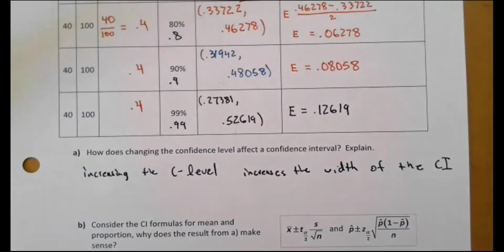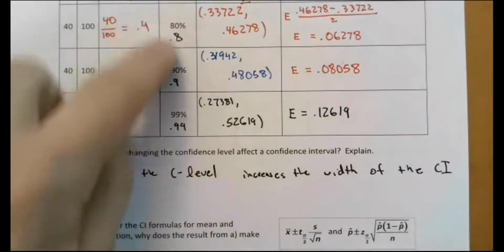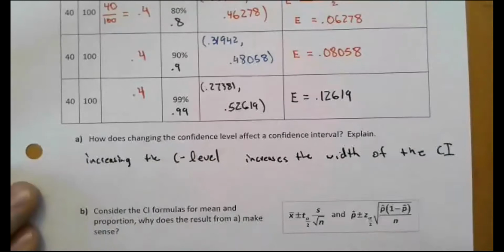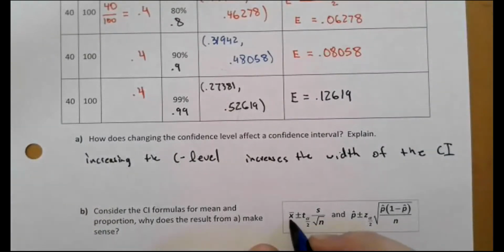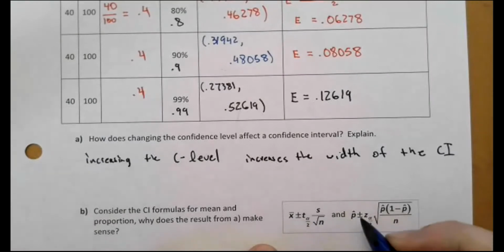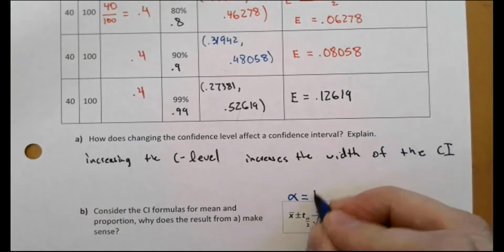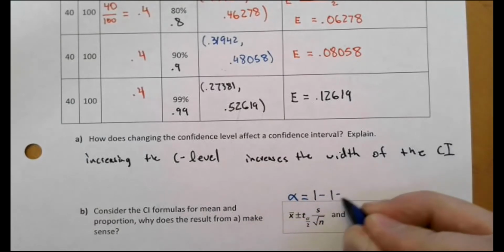This one's a little trickier to see why with the formula. So what we have to think about is, what does the C level affect in the formula? Which of these 4 variables are affected by the C level? It's kind of obscure. I'll remind you that alpha equals 1 minus the C level.